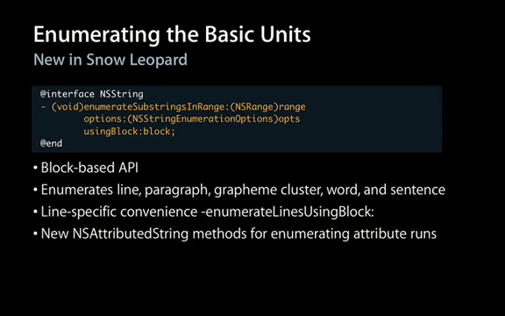It can enumerate the 3 basic units as well as lines and sentences. We provide a line-specific convenience method, enumerateLinesUsingBlock, and also added an NSAttributedString method for enumerating attribute runs.